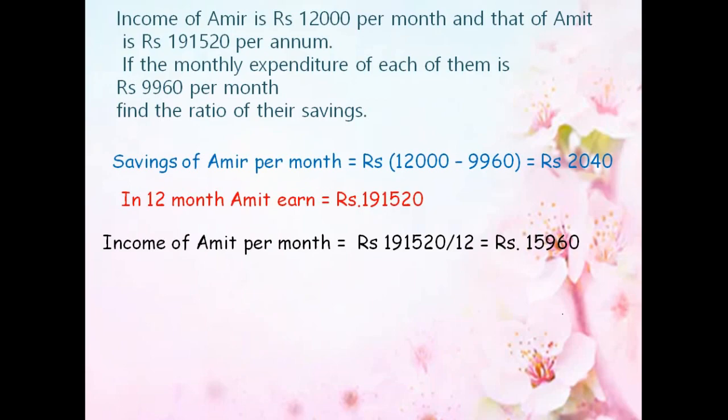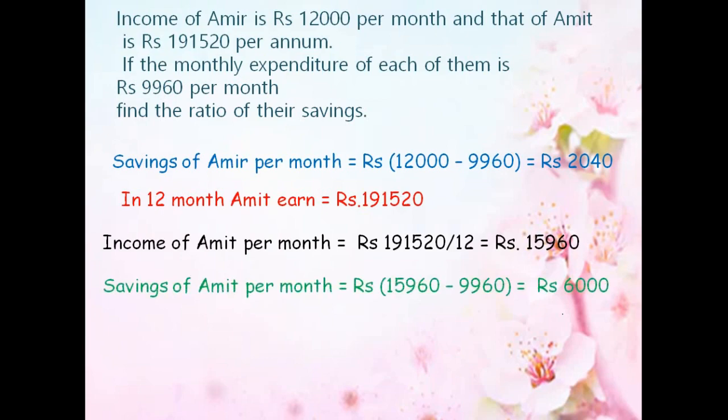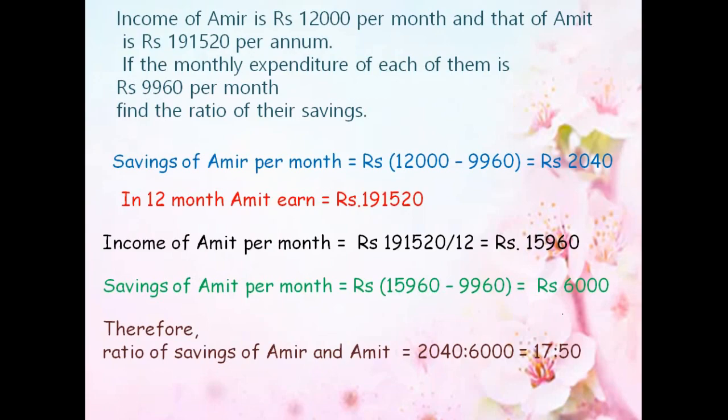Now, we need to find the saving of Amit. What will be the saving of Amit? It is 15,960 minus 9,960. Rupees 6,000. So, we found the saving of both Amir and Amit, and now we can find the ratio of their savings.